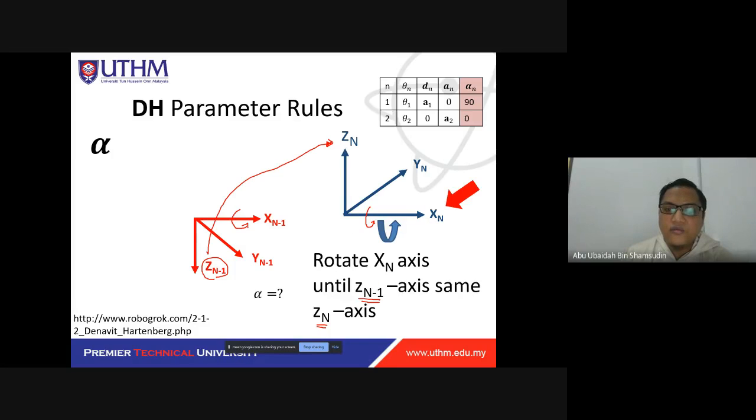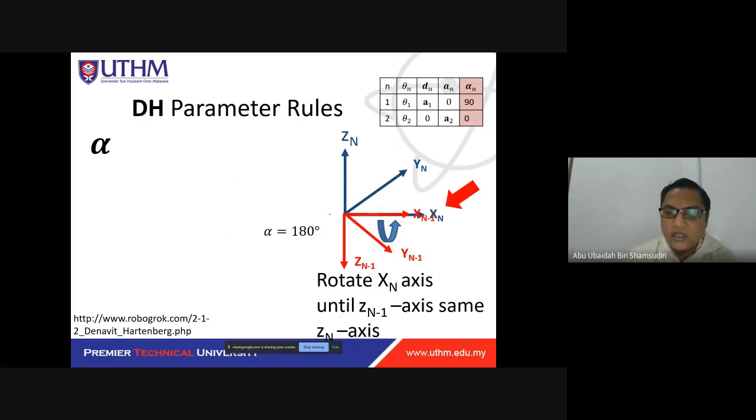To do that, you bring this frame, frame n minus 1, to this frame here, then rotate it using the right hand rule so that zn minus 1 is the same as zn. The rotation should be 180 degrees, so the value should be 180 degrees.